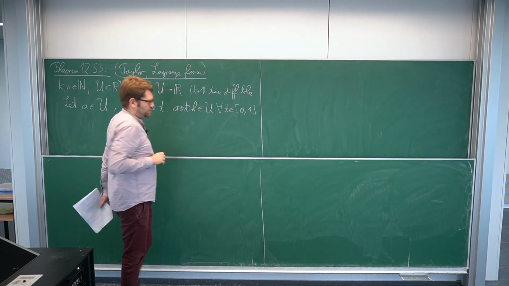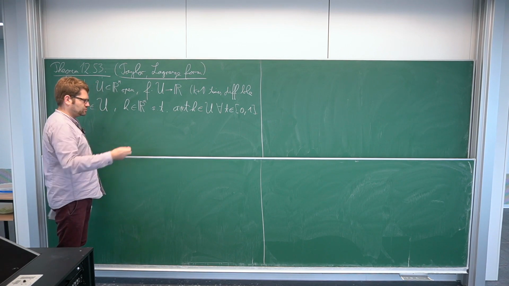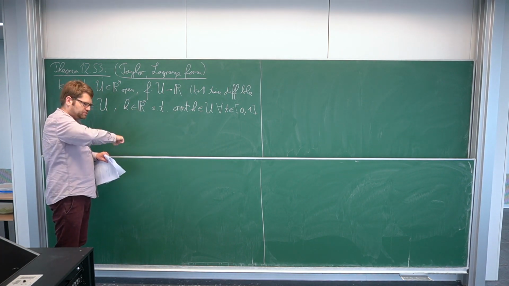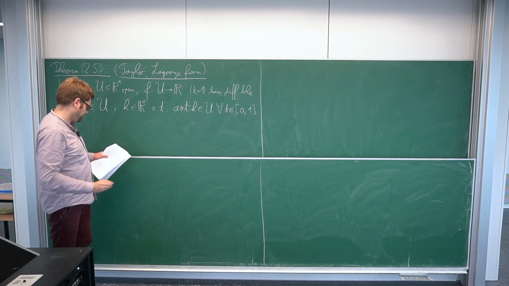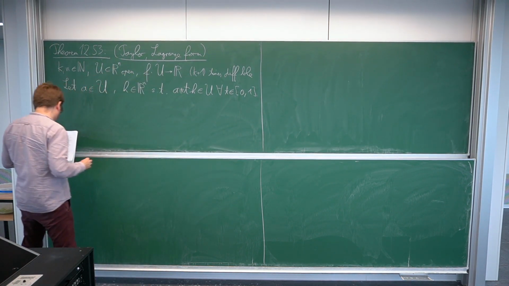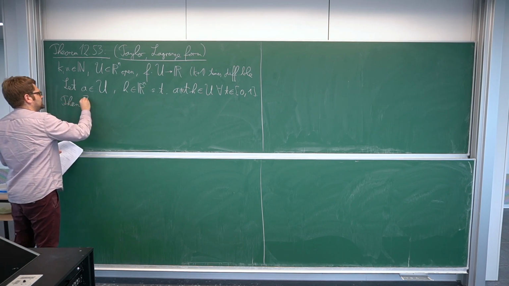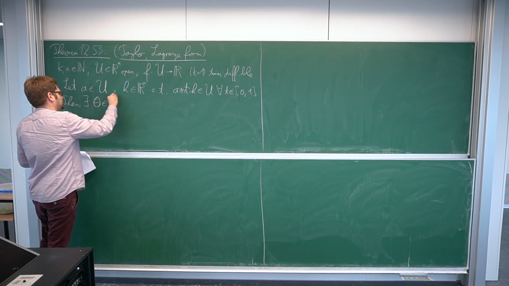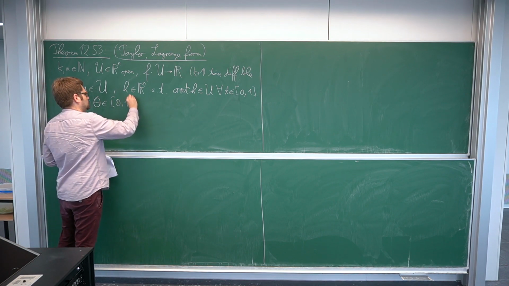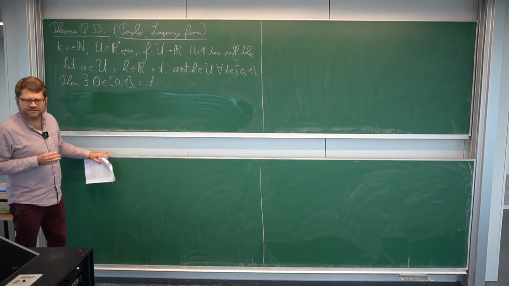So again, as in an earlier situation, this is the line segment from a to a plus h. Not only is a plus h in there, but the whole segment is contained in U. Okay, this is what we need. And then we can apply the Lagrange form of Taylor's theorem, namely there exists some parameter theta between 0 and 1 such that, sorry, I made a little mistake in the statement.